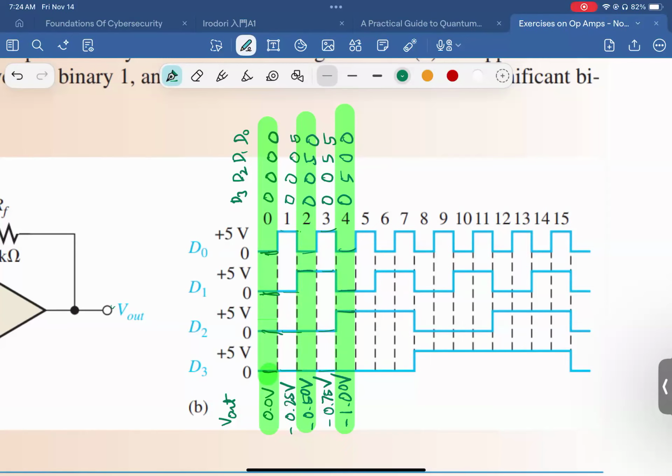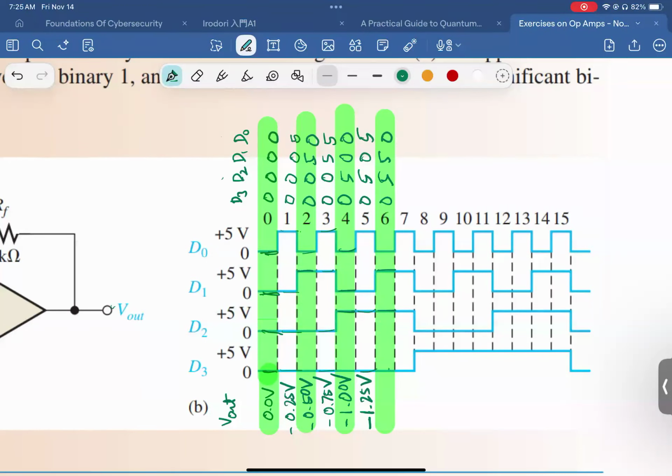Okay, so for 5, we have 0, 5, 0, and then 5. So you have D naught tsaka D1. Ang D naught is negative 0.25. Ang D1 is negative 1 volt. So this is negative 1.25 volts. Next, we have this: 0, 5, 5, 0.